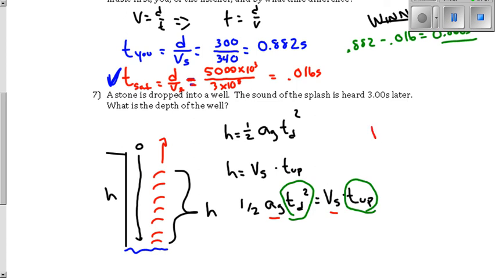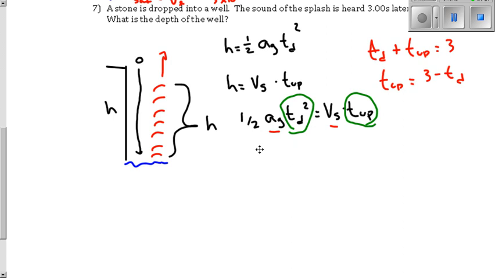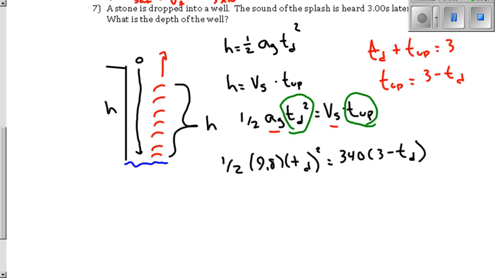Now in this equation, we know what acceleration due to gravity is, we know what the speed of sound is, but we don't know our time to fall, and we don't know our time to come up. But we do know that T down plus T up is equal to 3. So if I solve this equation for T up, T up is equal to 3 minus T down, and I can just plug that into this equation here. So I get 1/2 9.8 times T down squared is going to equal 340 times 3 minus T down.